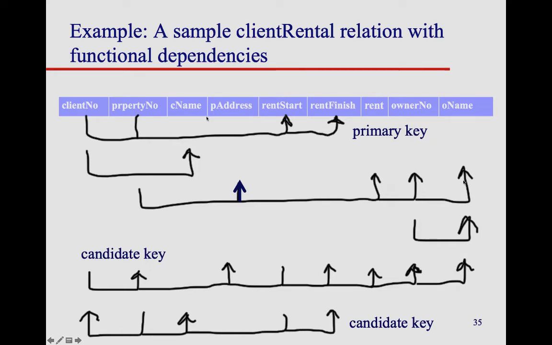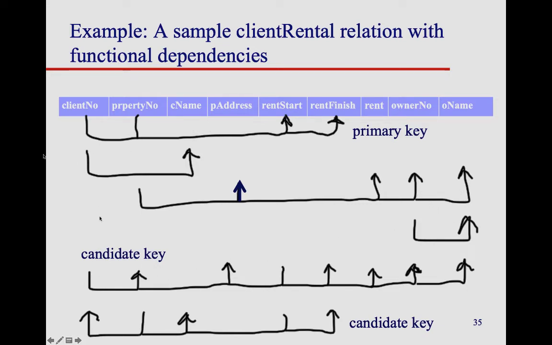Very good, because I can actually obtain the owner name from the owner number. I said that if at all possible, we avoid explicitly representing transitive dependencies. This one right here is a transitive dependency. So I would probably prefer that you not show this particular dependency because it is transitive. It's really determined by owner number determining owner name. Okay, but I wouldn't worry too much if you did.